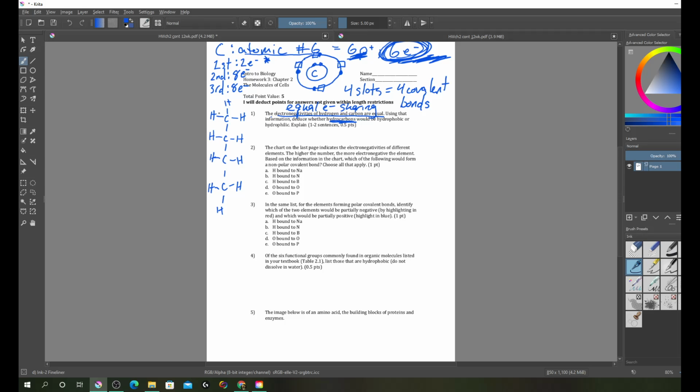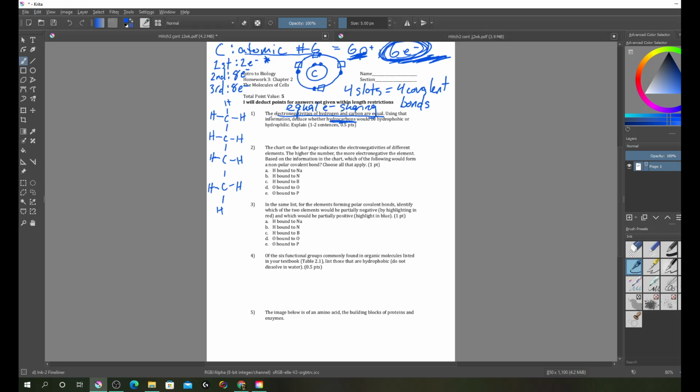So this is an example of a hydrocarbon. It's just something with carbon and hydrogen. And we just said that carbon and hydrogen have equal electronegativities, which means they have equal pull on electrons. They're equally sharing these electrons. So what kind of covalent bond is it going to be? Again, you just did this in your last homework beautifully. You explained to me what a polar covalent bond is.